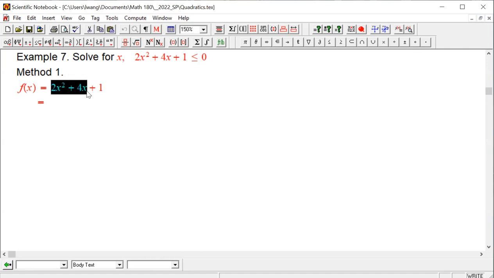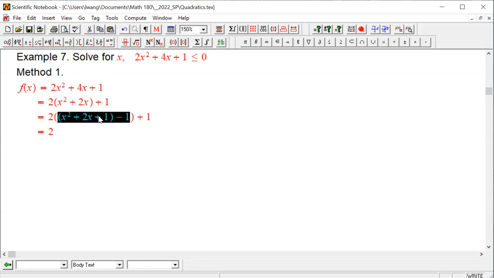Why do I think of a perfect square? Because I can factor out the 2 from these two terms. Then I'll have x squared plus 2x, and the plus 1 still outside. I'm going to leave it there because it might be a little easier to factor. So I'm going to do plus 1 minus 1, adding 0. In this piece I get a perfect square pretty easily, because these 3 terms make a perfect square.